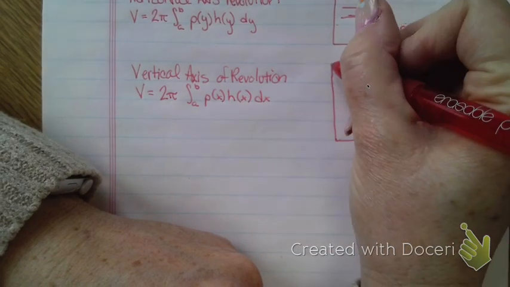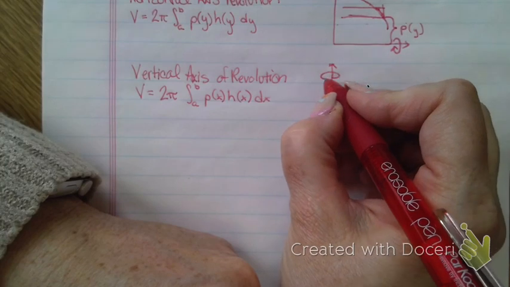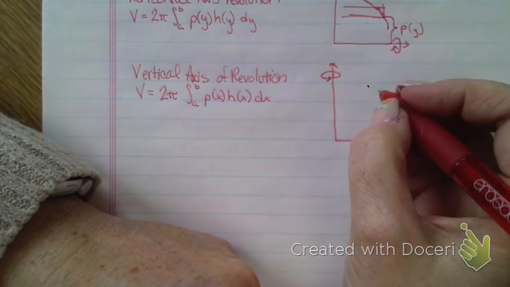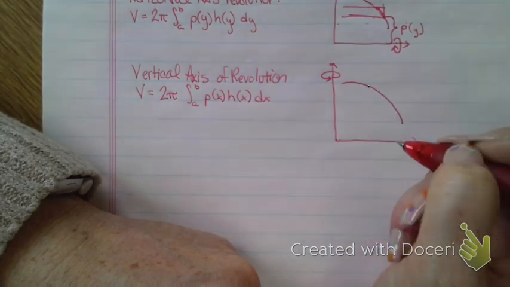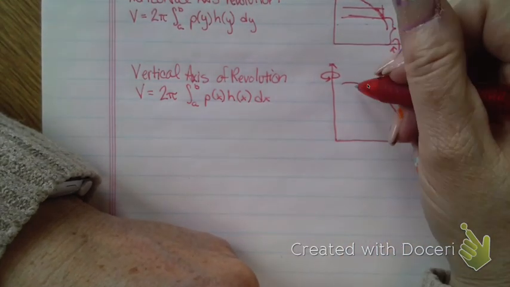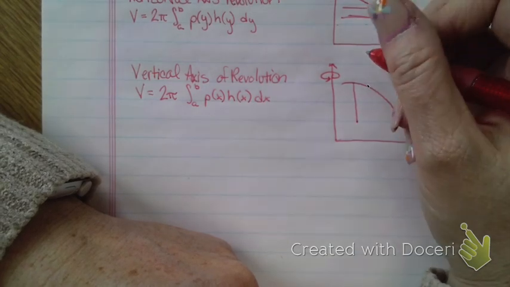So when I have my picture and I'm revolving it around my vertical axis now, I have my same picture, or close to it. I have my rectangle that is up and down.